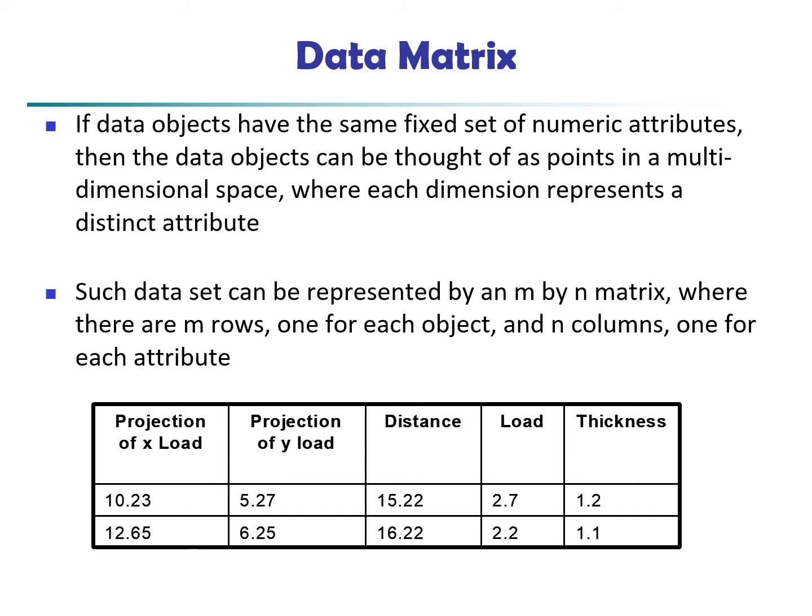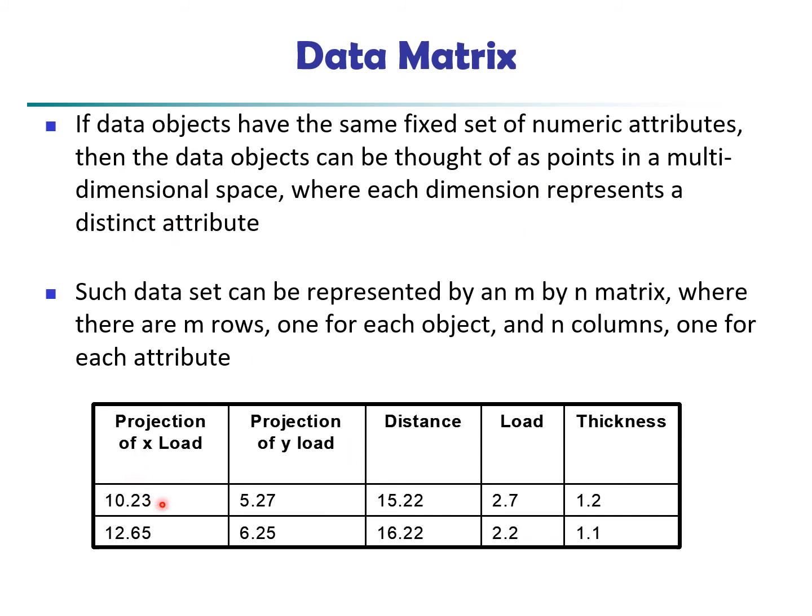A second type, which is also a subtype of record data, is a data matrix. Now, data matrix is also considered as a set of records. However, the values that are represented here are all numbers. So if data objects have the same fixed set of numeric attributes, then the data objects can be thought of as points in a multi-dimensional space.